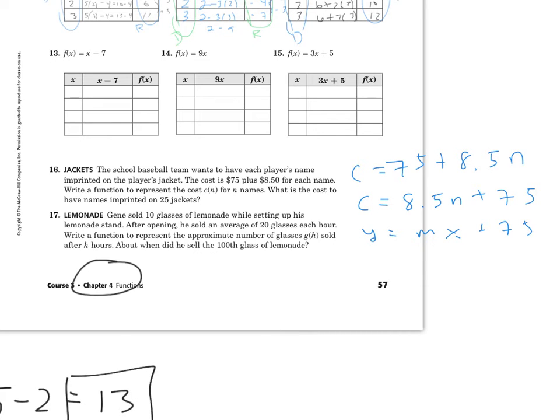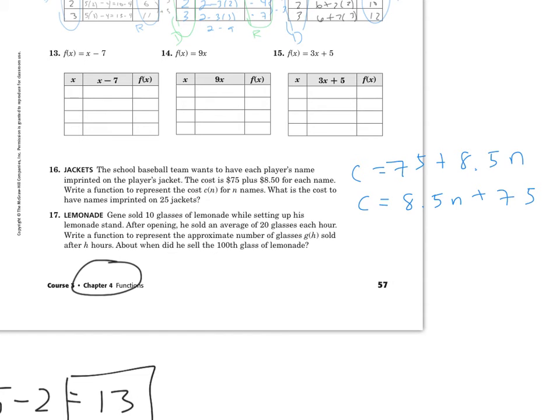So be careful that you're using y equals mx plus b, and that you use the letter equals a number times a letter plus a number. That's the right way of doing it.